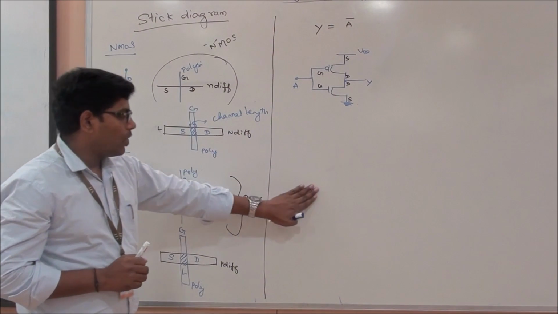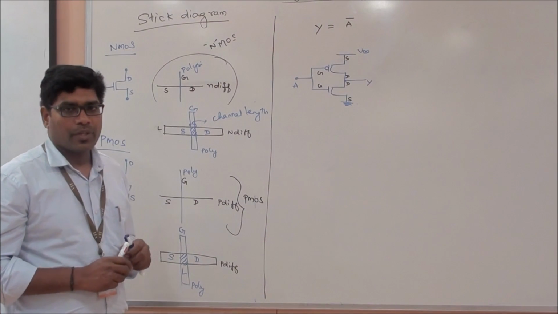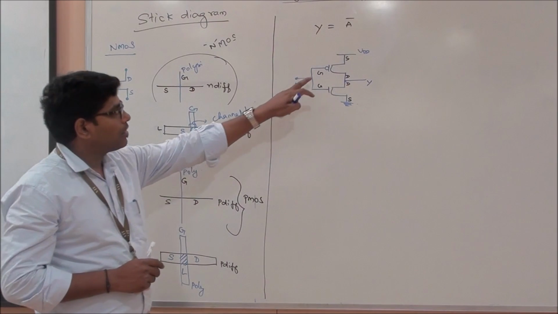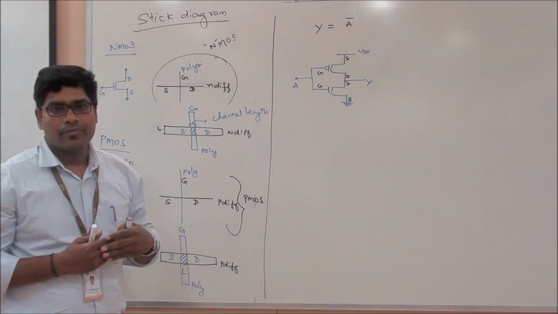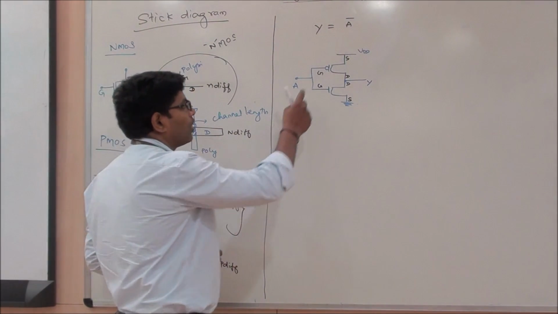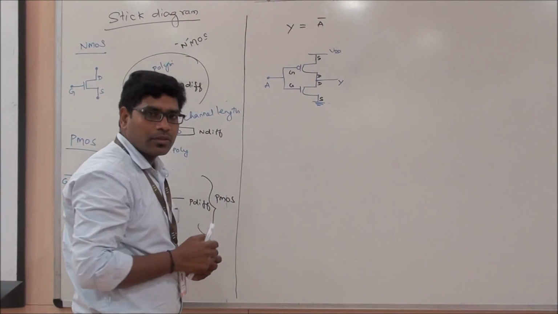As I said earlier, this schematic is drawn for this CMOS structure. Now, if we want a stick diagram for the same, you simply translate this PMOS and NMOS to the corresponding layer information. Let's first take two things: VDD and the ground.